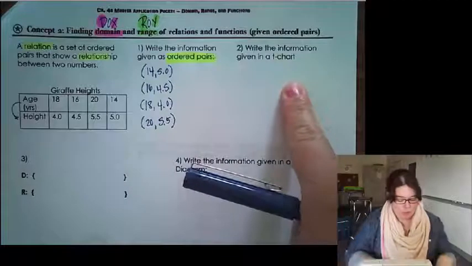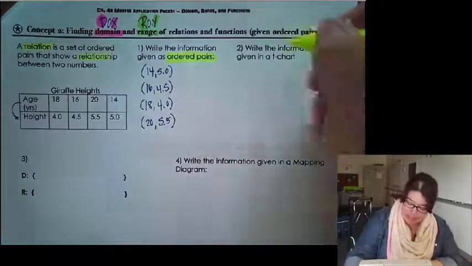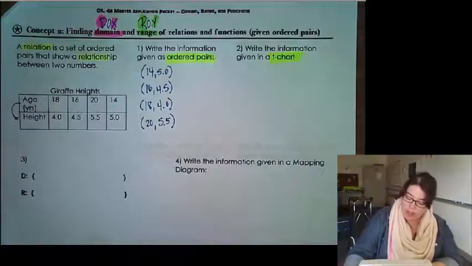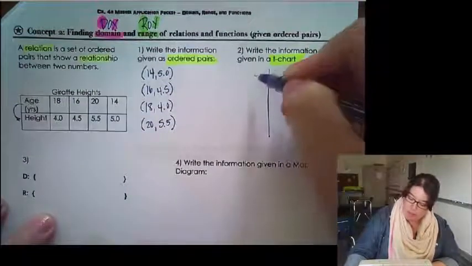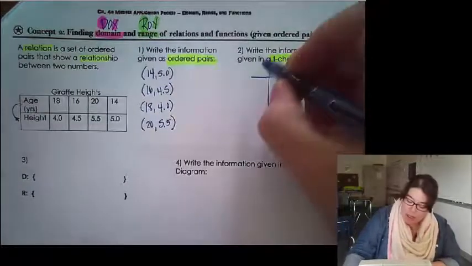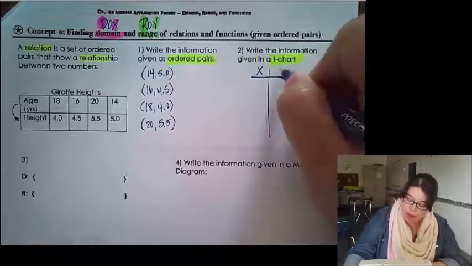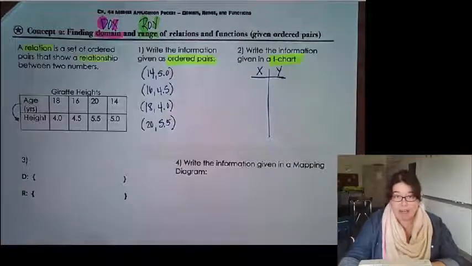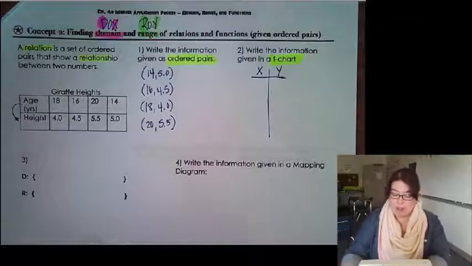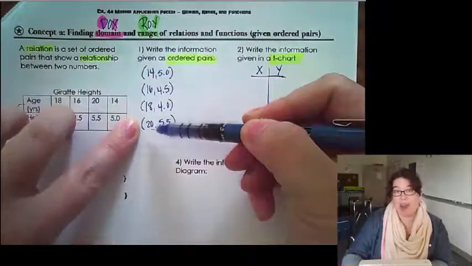The next way that you can show a relation is with a T-chart. It is called a T-chart because it looks like a T. Go figure. And what we're going to do is put the X values on the left, and the Y values on the right. So remember the X values in an ordered pair come first. So that means all these numbers here are our X values.